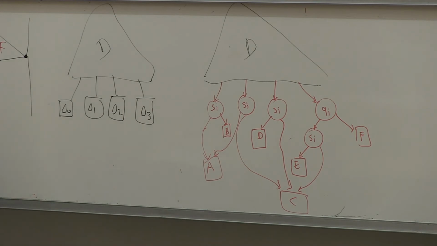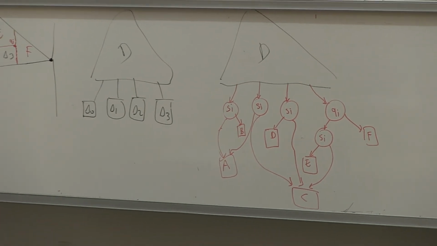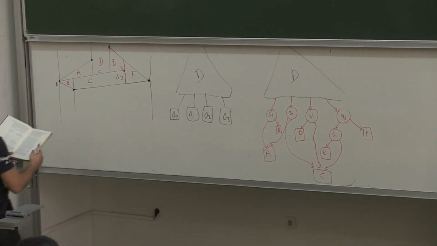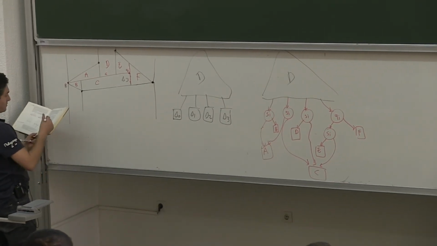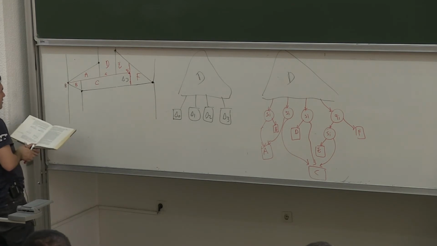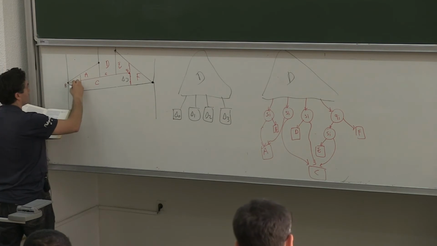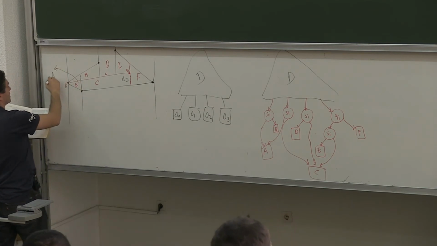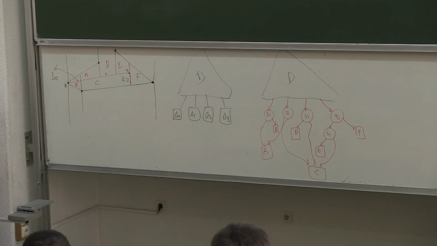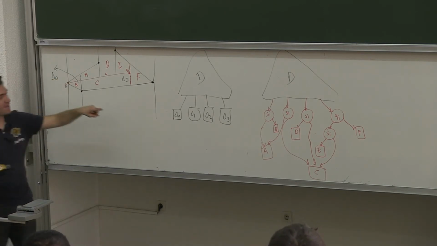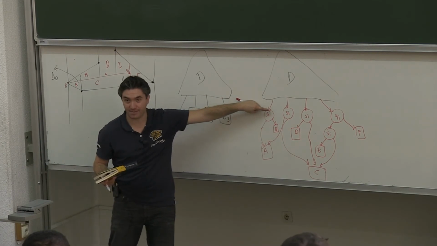For example, it's bad that I deleted delta 0. So delta 0 was this. Let me write it here again. So this triangle was delta 0, right? A search that was ending at delta 0 now ends at this path, okay?